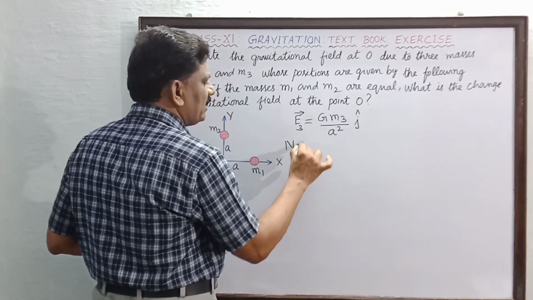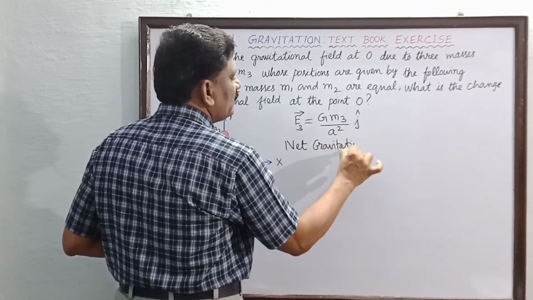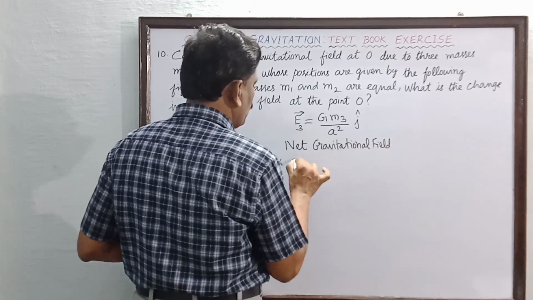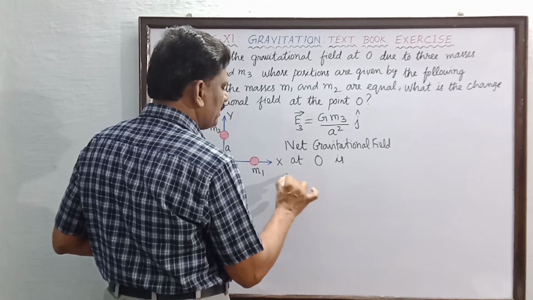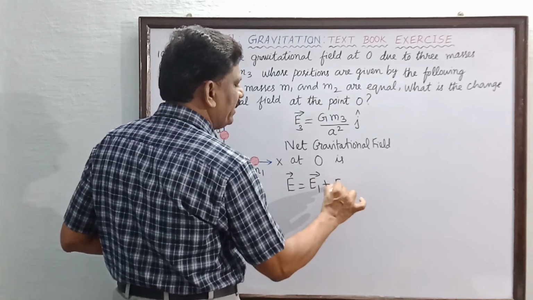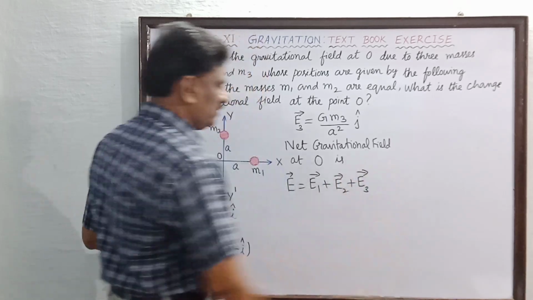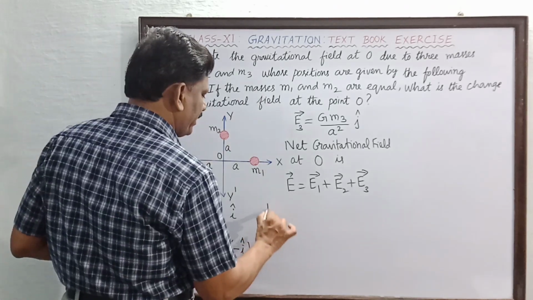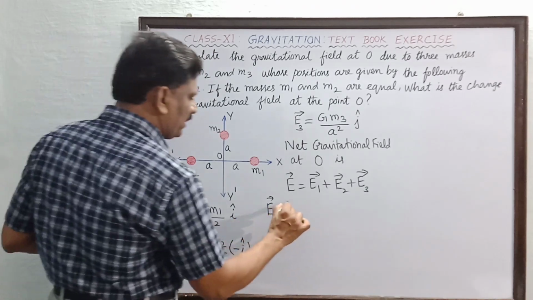So what is the net gravitational field? The net gravitational field at O is given by E is equal to E1 plus E2 plus E3, the vector sum of these three vectors. So now I will write E vector is equal to, the first one is what?